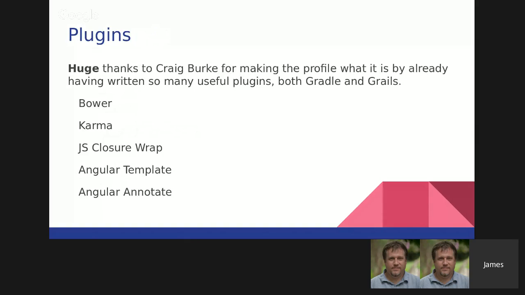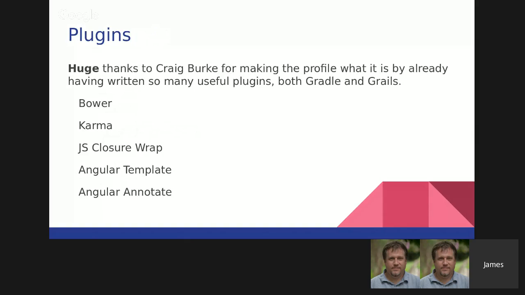The next one is Karma. Karma, if you're not familiar, is a test runner for client-side code created by the Angular team, and that is what we use to execute unit tests for client-side code. I wanted to give developers an easier way to get into client-side testing, because I don't think a lot of people do that at all.